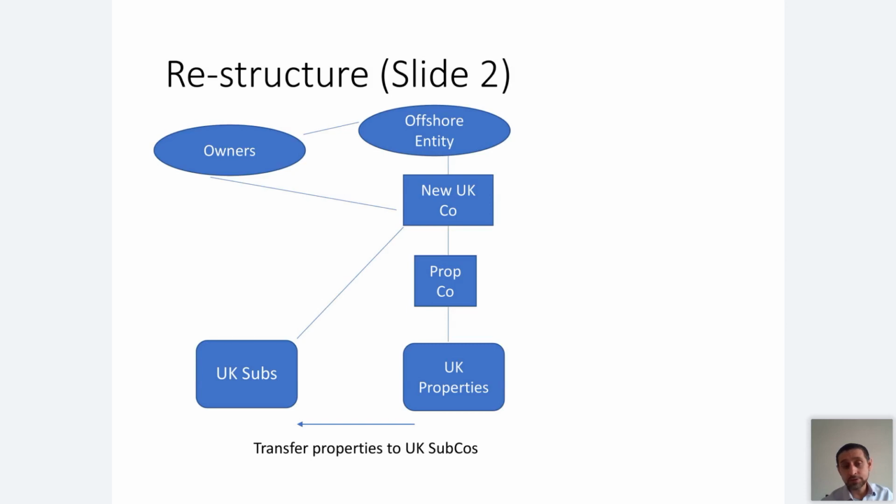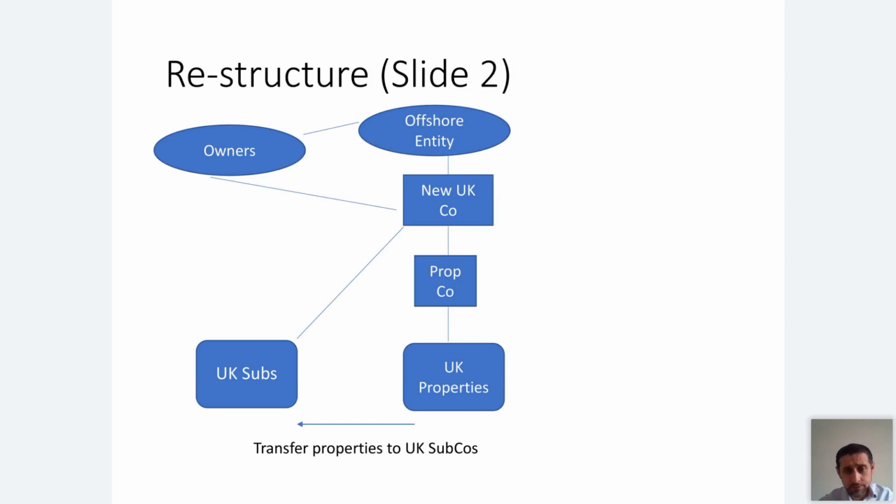The offshore entity releases its assets, or passes its assets, to the UK company as an intergroup transfer, and then there's a share-for-share exchange between the owners of the offshore entity and the new entity, and the new entity would essentially own the UK property company, which would then own the properties.